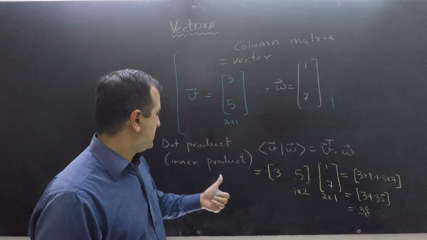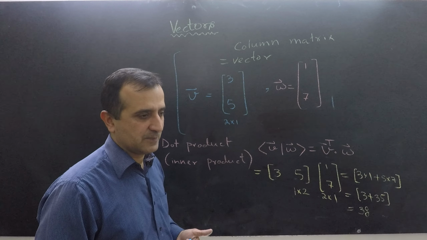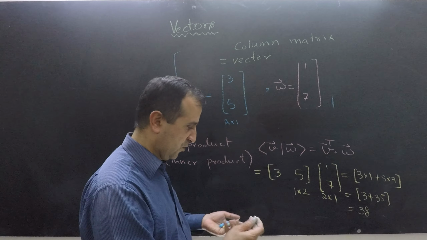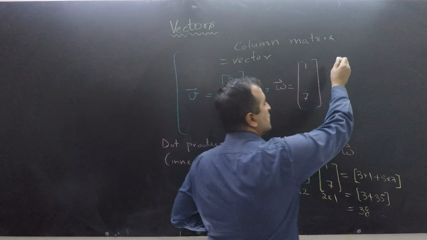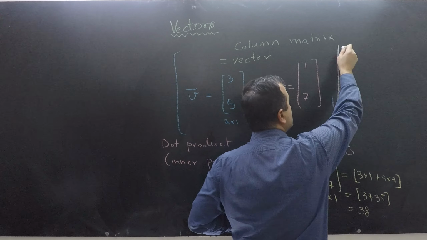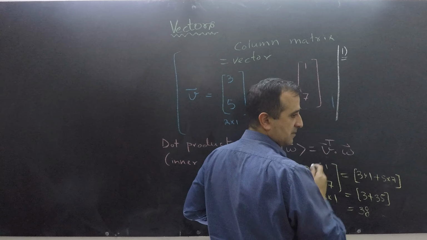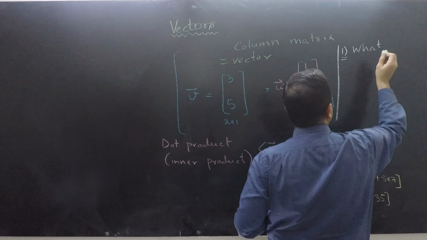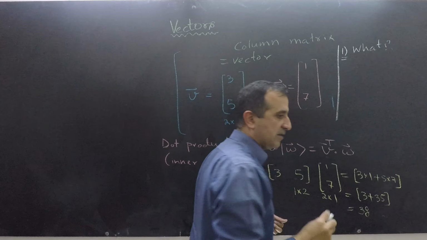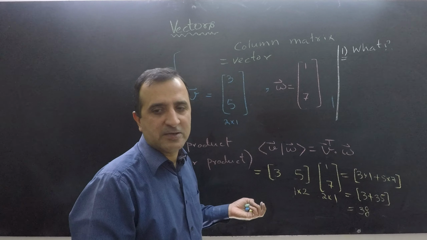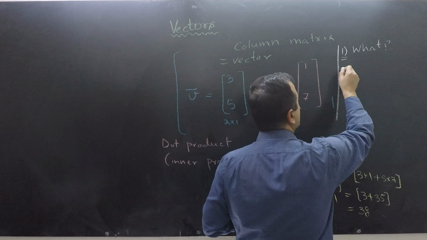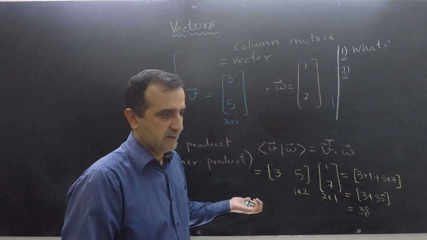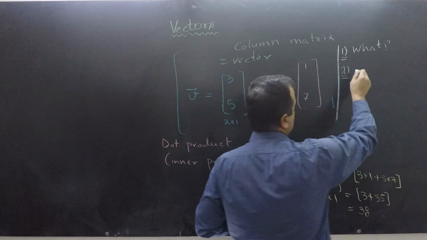So now we know what the dot product is. So far we know the following. Number one, what a vector is: a vector is a column matrix, and order matters. Second, we know how to find the transpose of a vector.